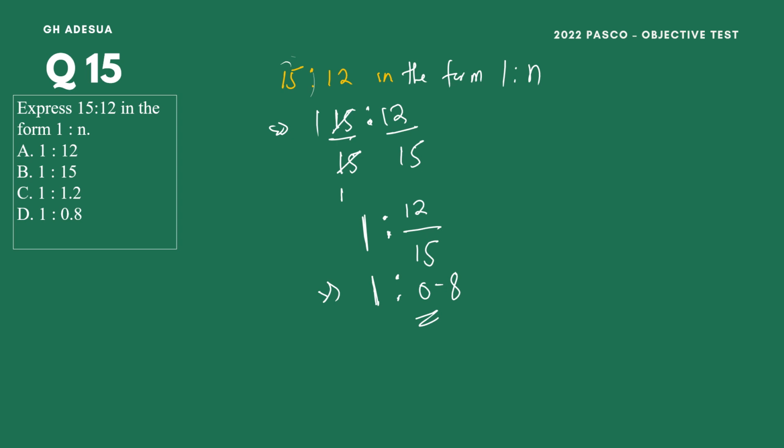The first step is to divide through by the first factor of the ratio, which is 15 in this case, and then it will be in this form. So the final answer is 1 is to 0.8. It is our answer D.